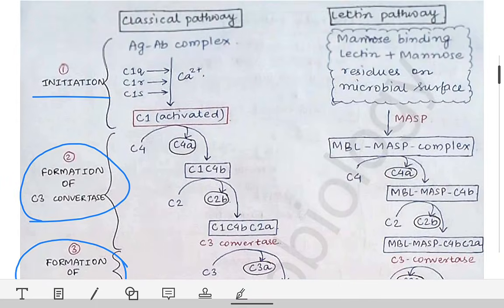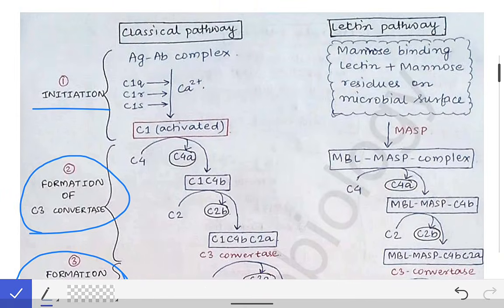Now we will be reading one by one about the activation of the complement system. First of all, reading about the classical pathway. We know that the classical pathway begins with the antigen antibody complex.